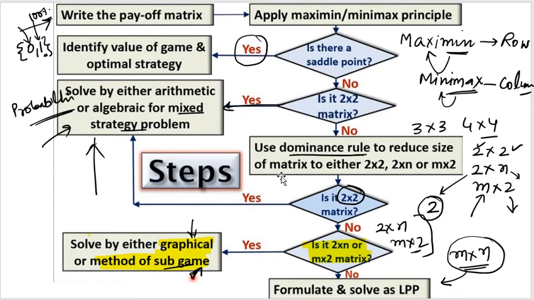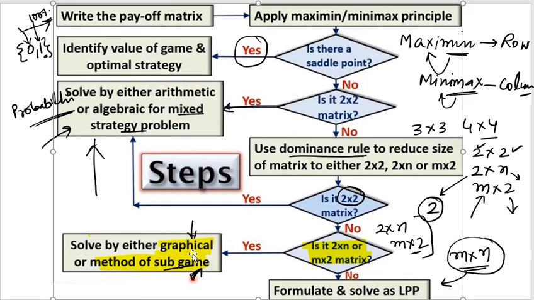You can see in the method of subgames, we evaluate all possible combinations, and from all possible combinations we see which combination is favorable as per the problem statement.